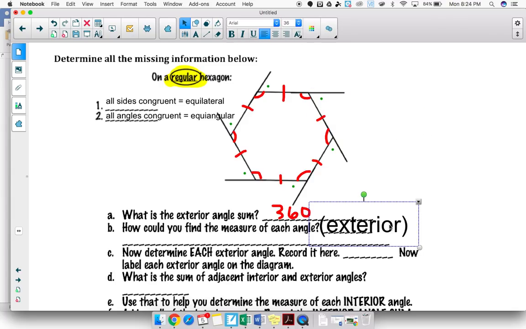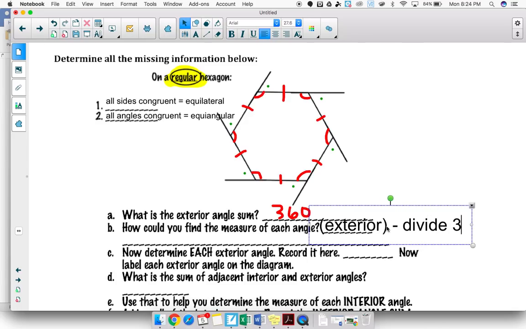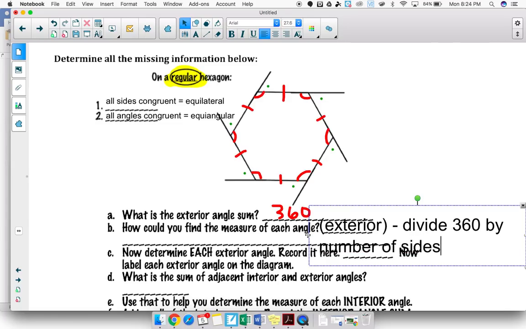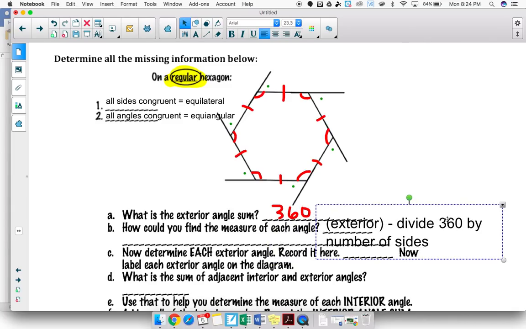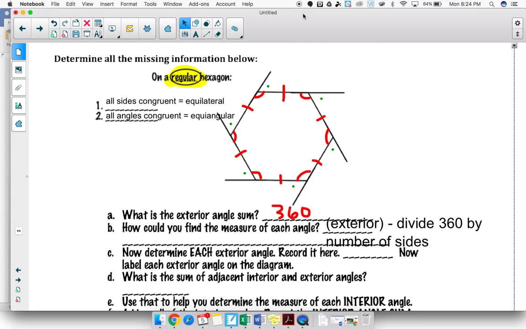All right, well, the way we could do that is we could just take that 360 and divide 360 by the number of sides. So in this case, we're looking at 360 divided by 6.